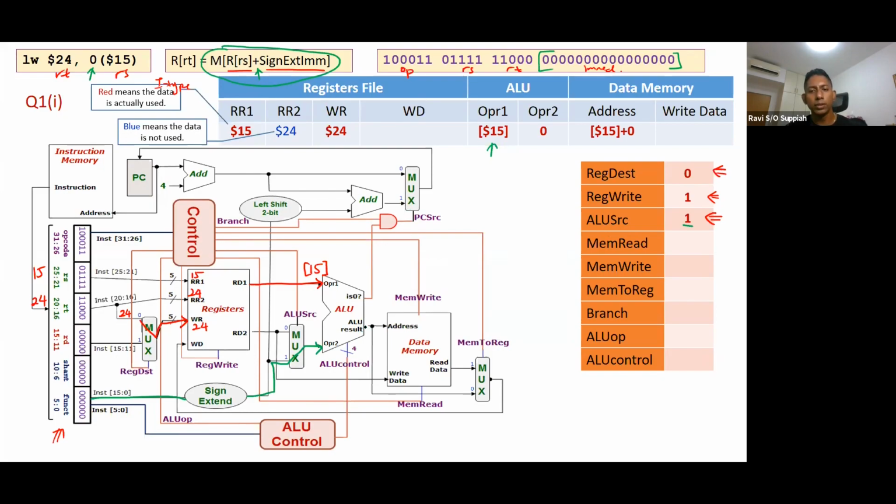So this ALU result is the one that is giving me the address of where I'm supposed to get my data from. So over here, the address of what I'm accessing is the content of register RS plus the immediate value.